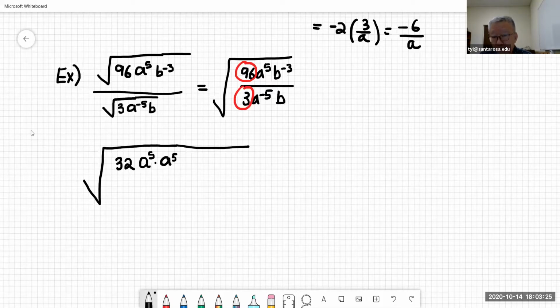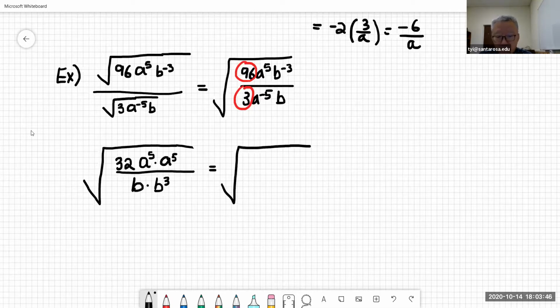I have a negative on top, B to the minus 3, so I'm going to bring it down to the bottom. So that would be B times B to the cube. Okay. So here, if I combine them, I got 32 A to the 10 and B to the 4.